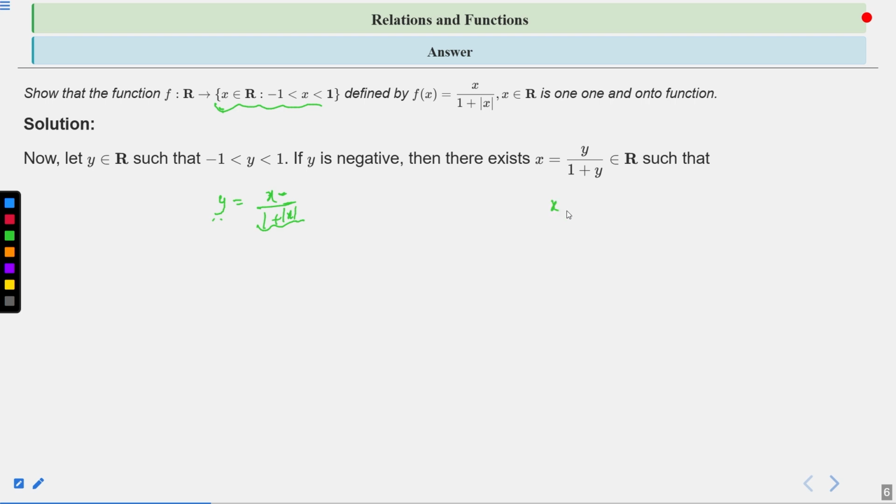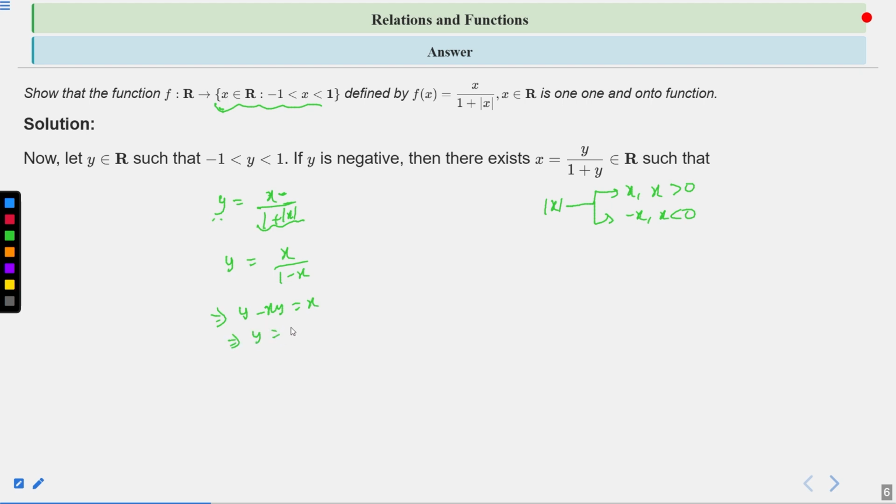So when x is negative, the absolute value of x is basically x when x is greater than 0 and negative x when x is less than 0. Got it? So if x is negative, then it can be written as y is equal to x upon 1 minus x. And when we solve this by cross multiplication, y minus xy is equal to x.